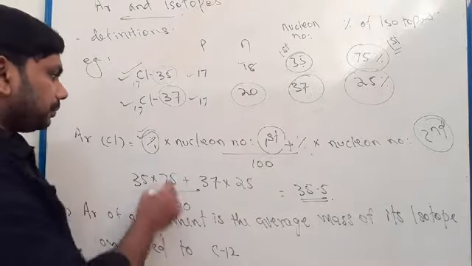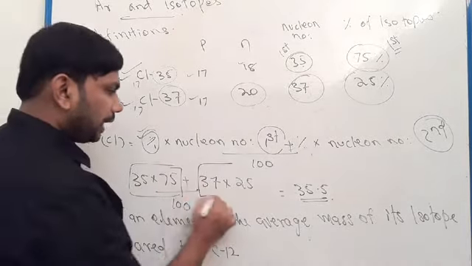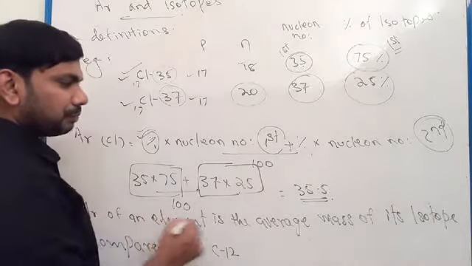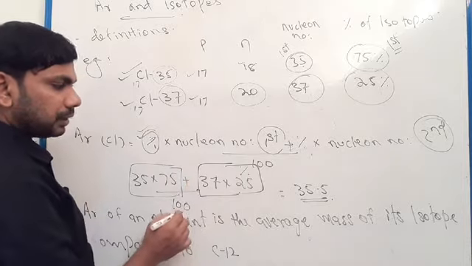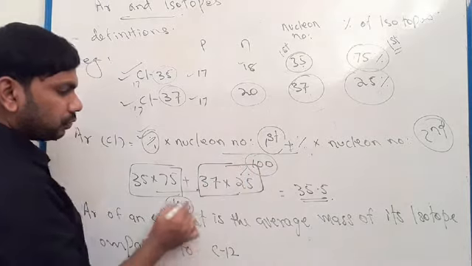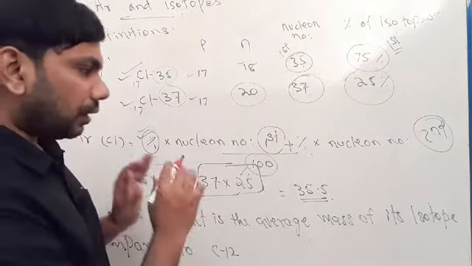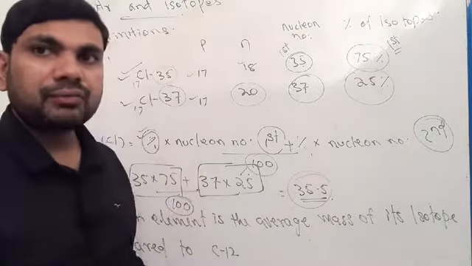Clear? This is the first isotope. Similar thing for the second isotope, with its percentage of availability and nucleon number, all divided by 100. After calculation you will get 35.5.